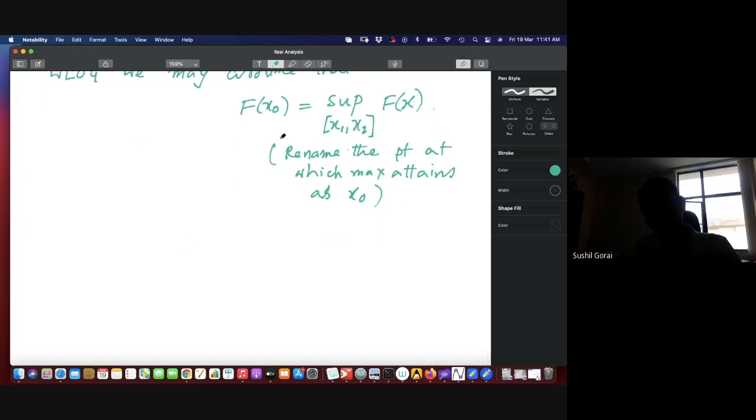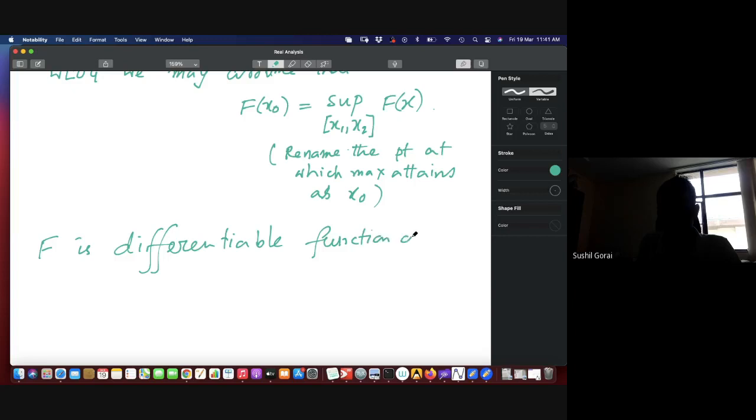All right. So here the supremum is attained, and f is a differentiable function on the whole of AB. What is our concern is between x1 and x2, so on x1, x2.